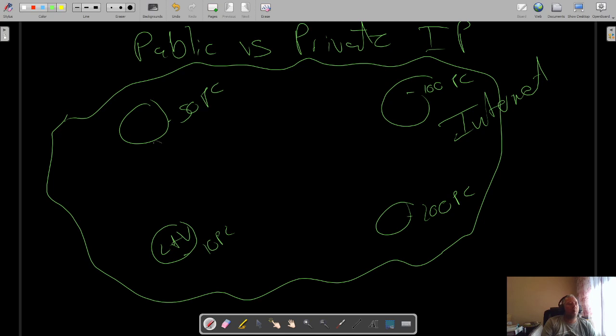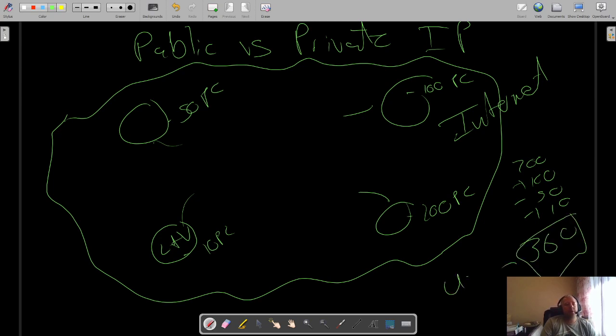To connect all of these computers to the internet, I would need to have 200 plus 100 plus 50 plus 10, so 360 unique IP addresses to connect each PC to the internet.